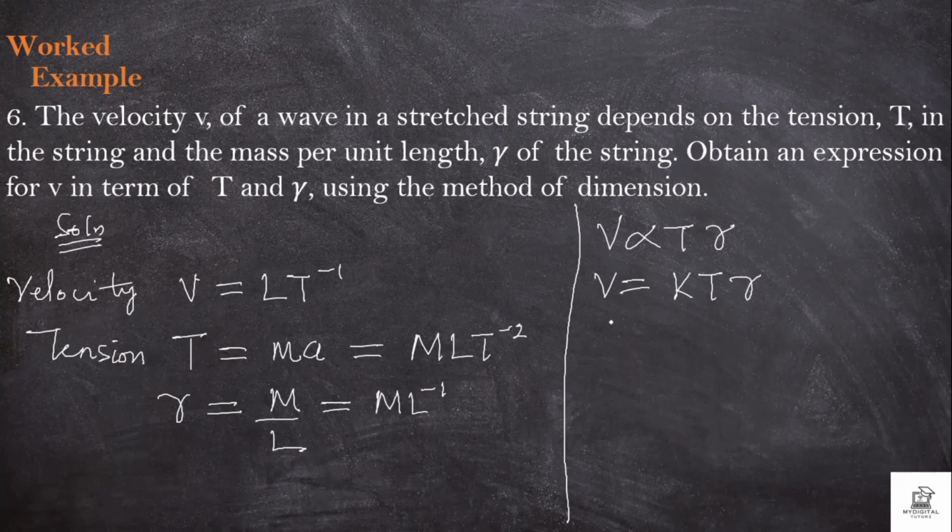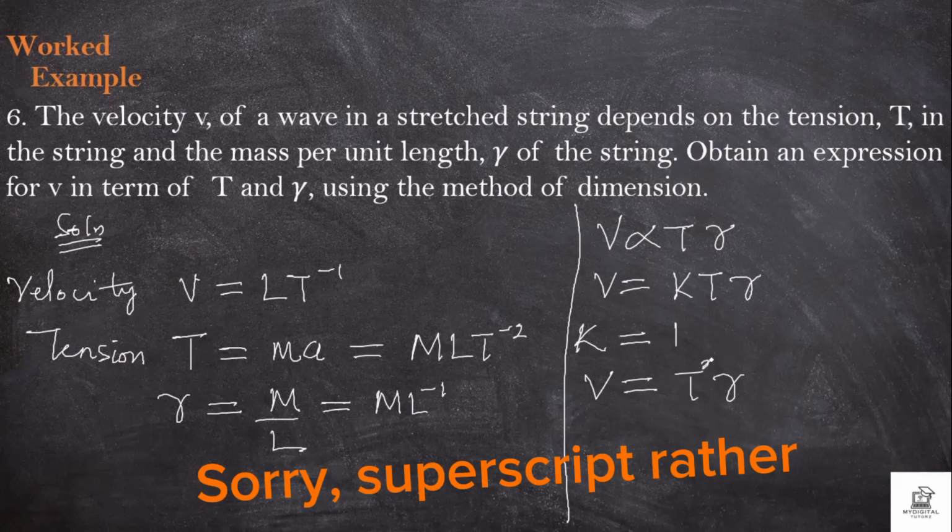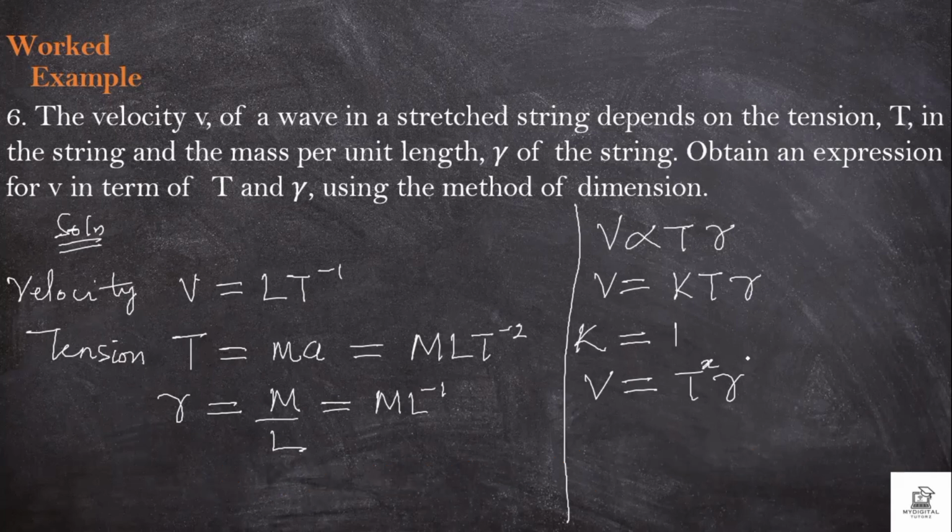Are we clear? So let's assume that K is unity, let's assume it is equal to 1. This implies that V is equal to T gamma. After getting this, you just put a subscript unknown for the T and the gamma. Let's put X and Y.